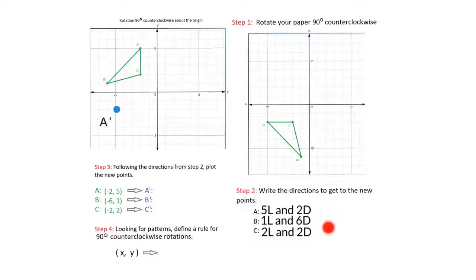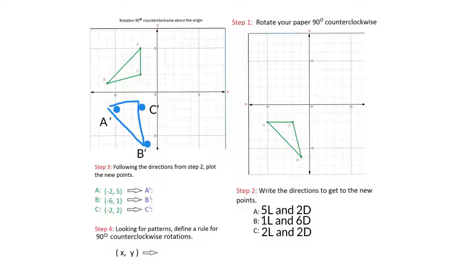Point B moved 1 to the left and 6 down, so let's go ahead and plot that one and label it B prime. And lastly, point C moved 2 to the left and 2 down, so point C prime will be here. Now let's connect our dots to get our new triangle once it's been rotated.